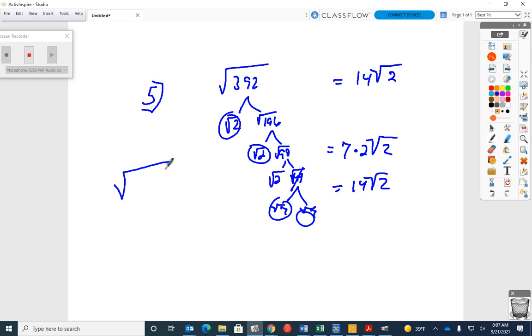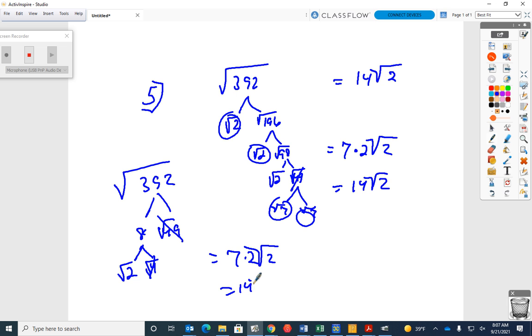If you did 8 and 49, this is gone, right? So that means 7. But I can factor this further, right? What is this? 2 and 4. Are either one of these a perfect square? What's the square root of 4? 2. So that comes out. What's the only thing left? Which would give me the same exact answer.